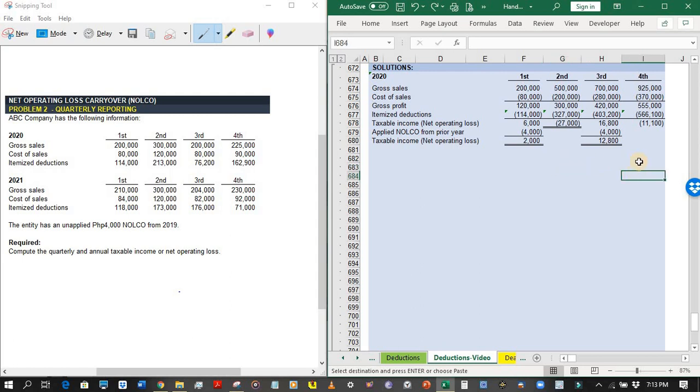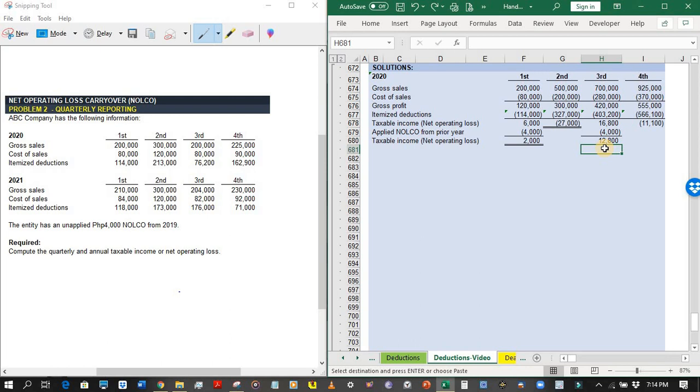So for 2020, we have no taxable income. Instead, we have a net operating loss of 11,100 pesos. So this means that we should not pay any tax liability for the year 2020. However, during the first quarter and third quarter, obviously, we already paid an income tax for these quarters because we computed a taxable income.